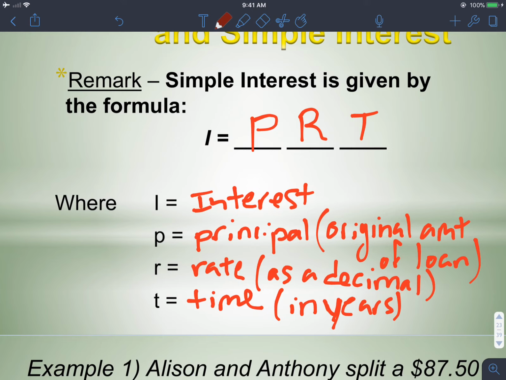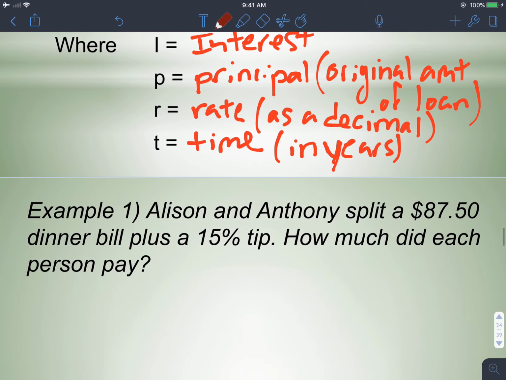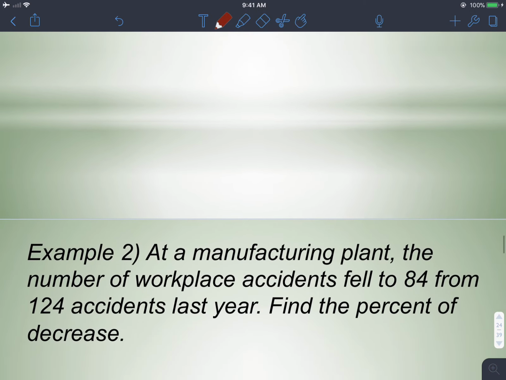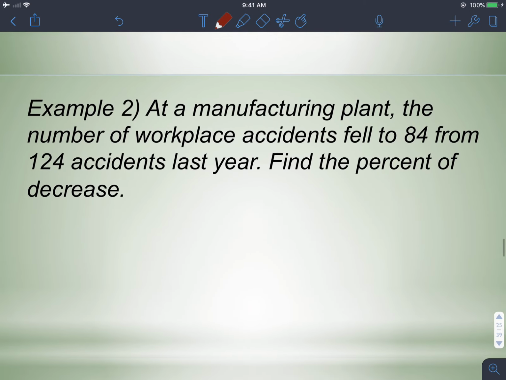If I remember right, I don't think they give you this formula on the questions, so you do have to remember it. We'll come back to these.